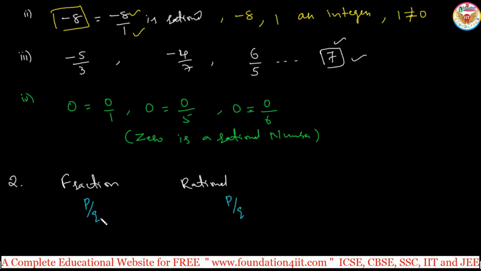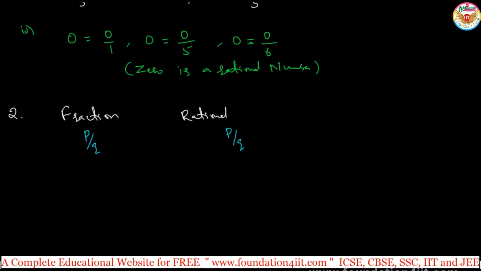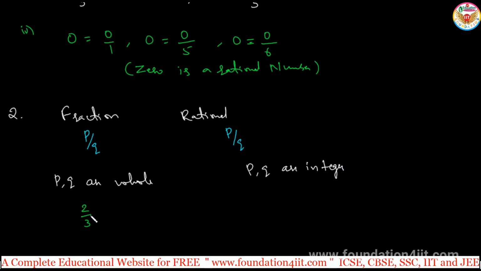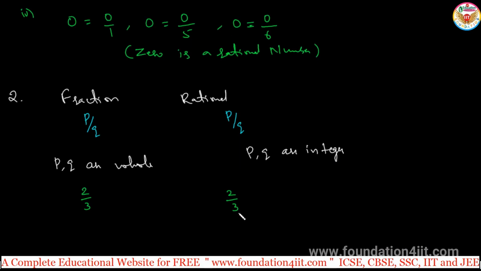A fraction is also in p by q form. But p and q must be whole numbers, only non-negative. So p, q are whole numbers, not negative. For a rational number, p, q are integers. That is the difference. Integers include positive numbers also. So 2 by 3 is a fraction, and the same 2 by 3 is a rational number, right?